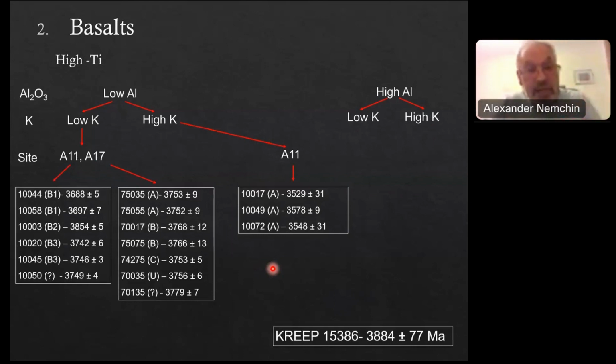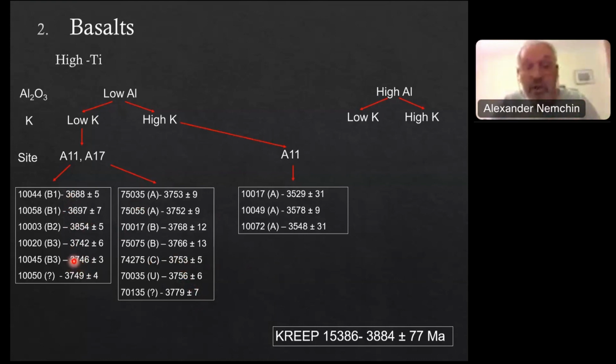And same applies for when we start looking at high titanium basalts. Interesting thing that pretty much everything at Apollo 17 site is of the same age. And if we go to Apollo 11, then you've got almost 300 million years difference between different groups of basalts. Within the individual groups, they're quite similar.